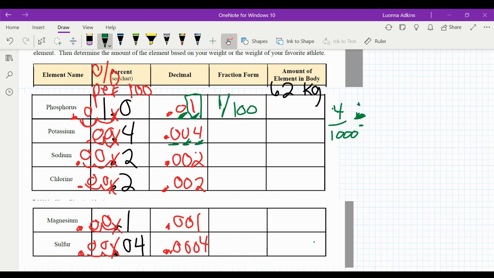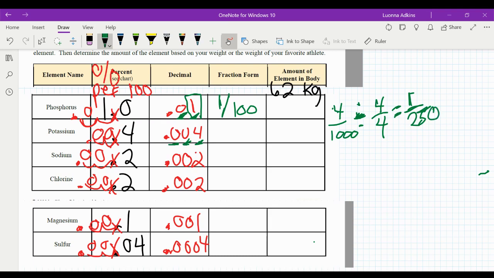So we can divide by the greatest common factor of 4. Remember, if we write 4/4, that's the same as dividing by 1. So we can do that and not change the number. We are just reducing it. 4 divided by 4 is 1. 1,000 divided by 4 is 250.